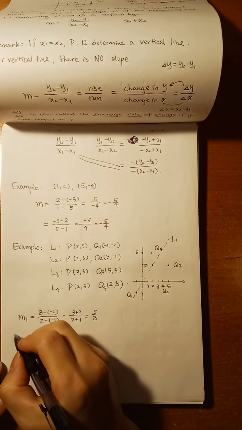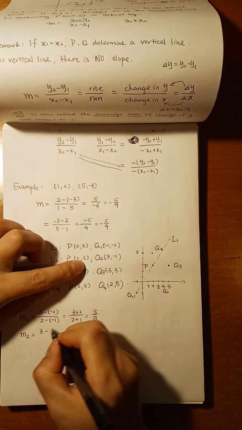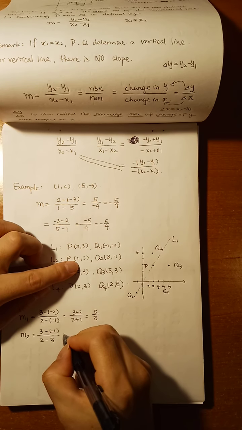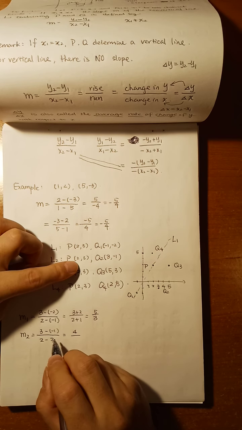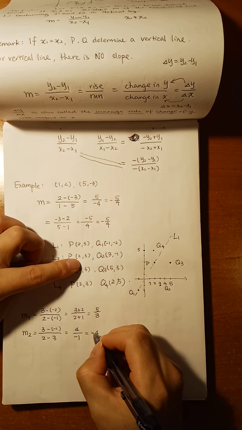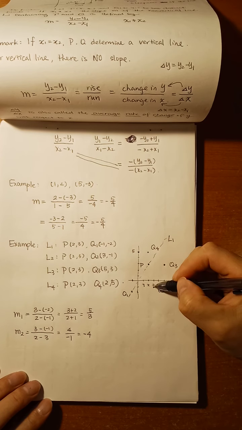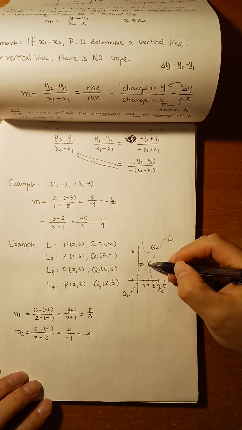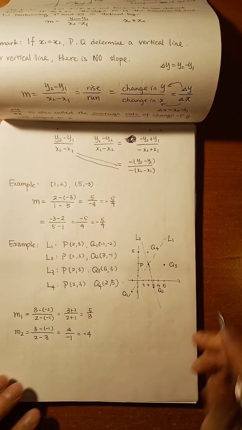Now M2: y minus y over x minus x. The numerator is 4, since 3 minus negative 1 is 3 plus 1. 2 minus 3 is negative 1, so it's negative 4. This is L2. The slope is negative 4.